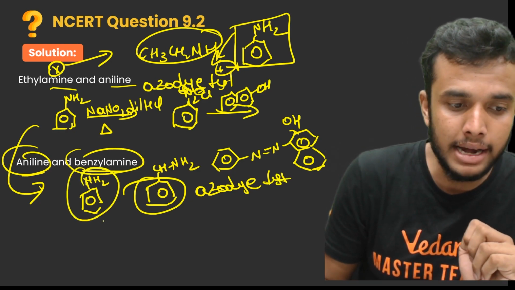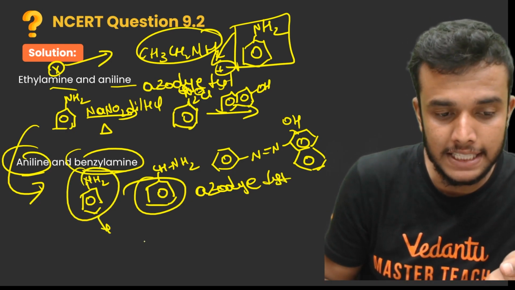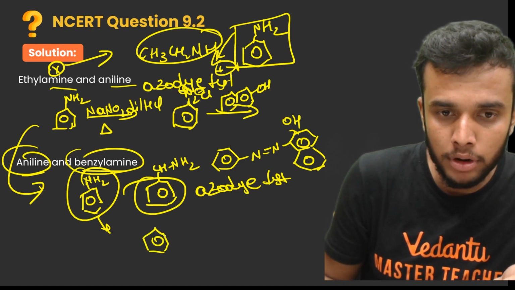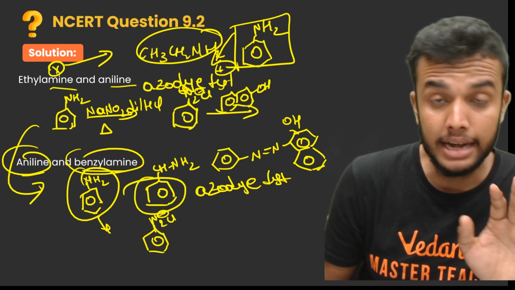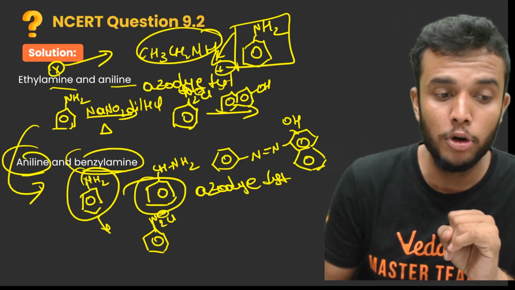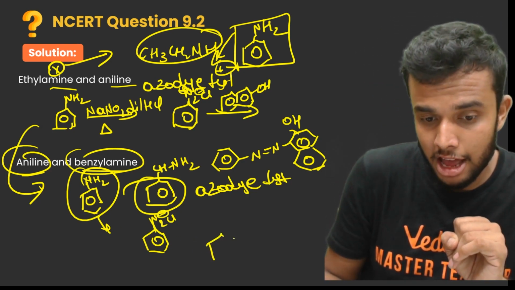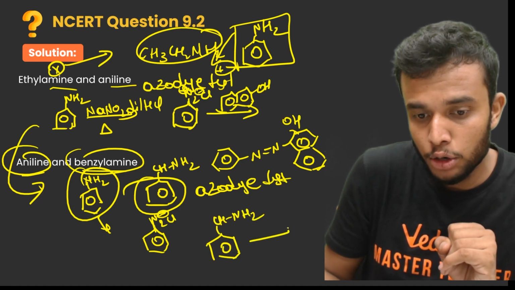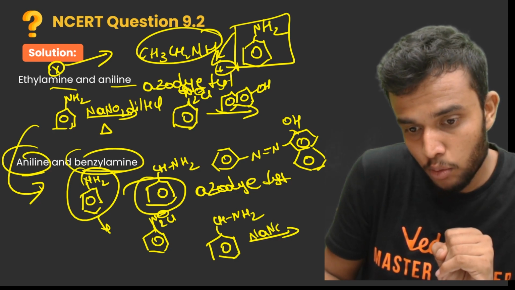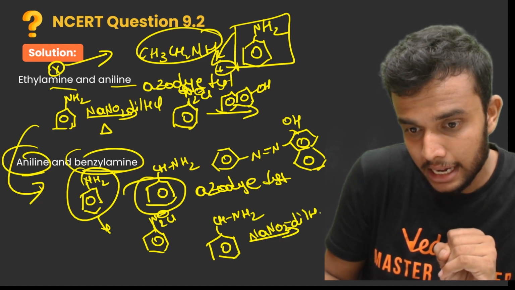If aniline undergoes the azo dye test, it gives a dye compound, it is the same dye, but it is the N2+Cl minus diazonium salt, right students? It is unstable. But similarly, if benzylamine is reacted with NaNO2 and dilute HCl, what will it yield?